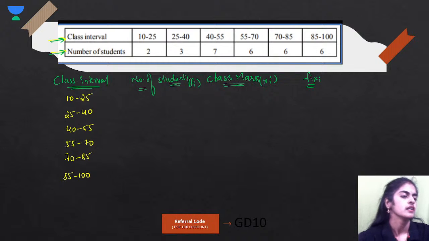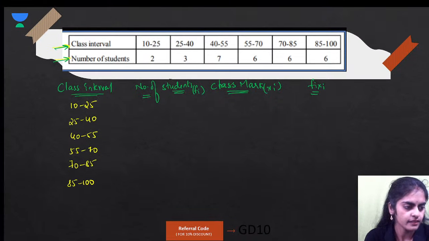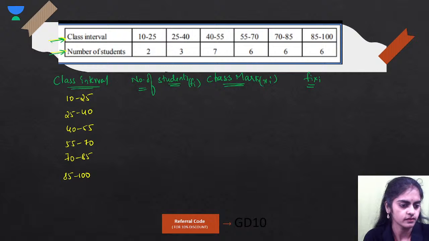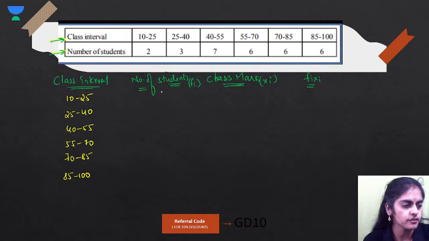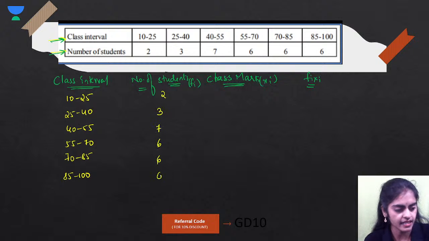Perfect. Now the number of students you are writing. Number of students are 2, 3, 7, 6, 6 and 6.